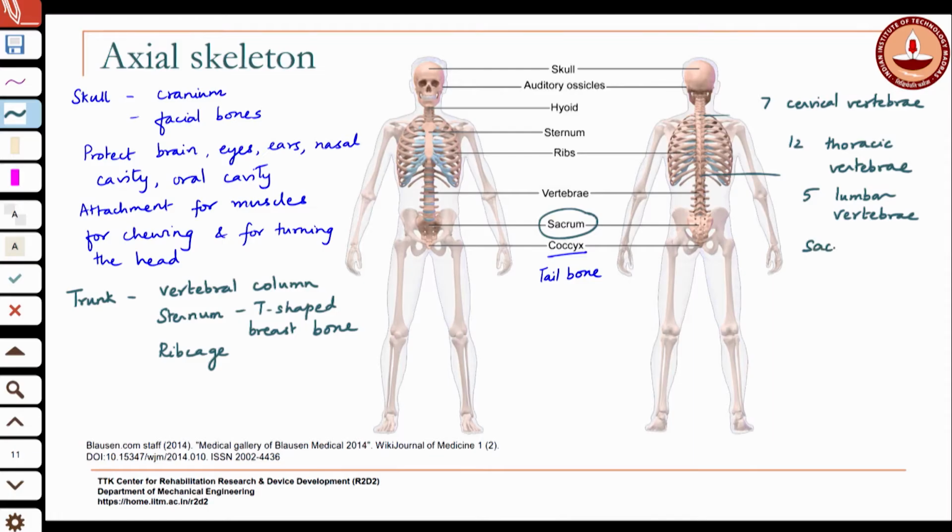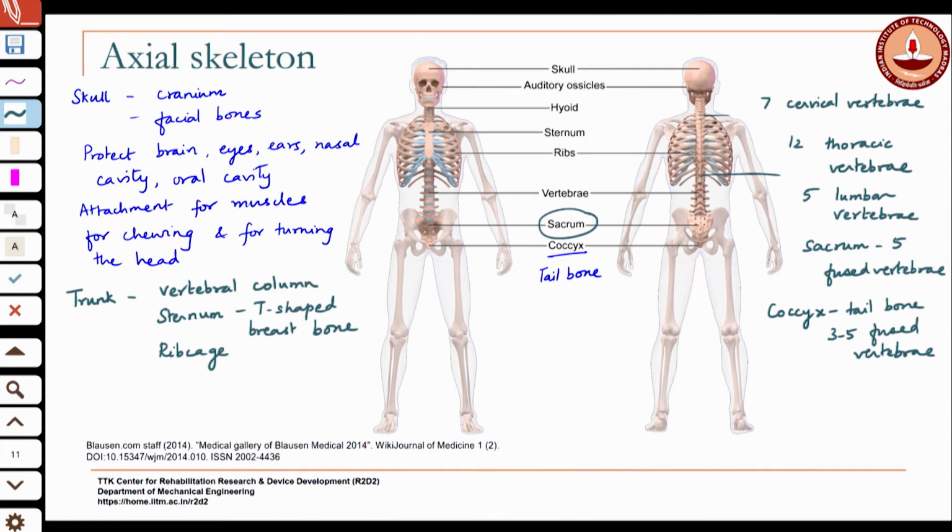You have the sacrum, which is made up of 5 fused vertebrae, and then you have the tailbone. The coccyx is the tailbone, which is again made up of 3 to 5 fused vertebrae. Okay. So, these are the vertebrae of the spinal column, the bones of the spinal column.